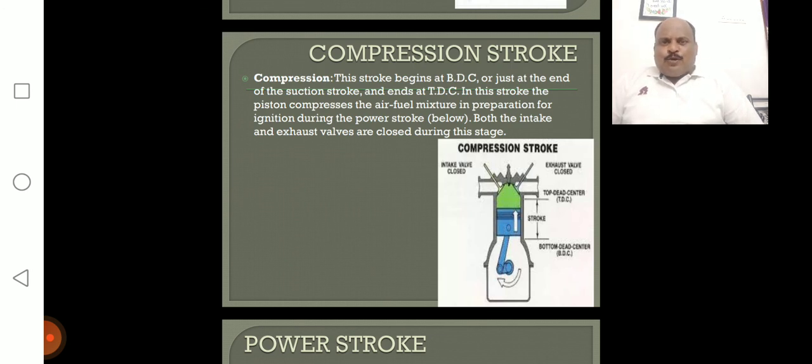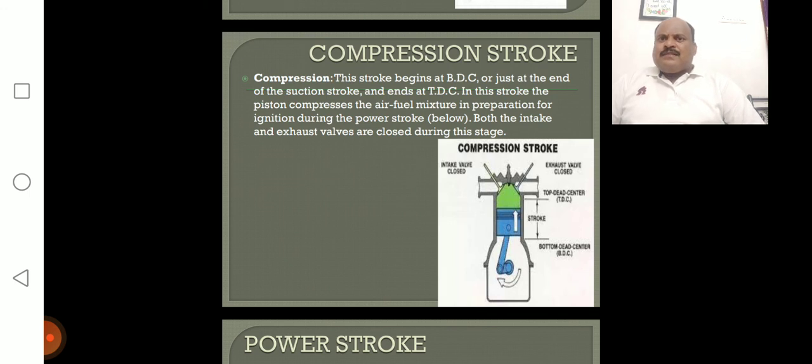So the next stroke starts from BDC only, and the piston is moving from BDC, just at the end of the suction stroke, and ends at TDC.